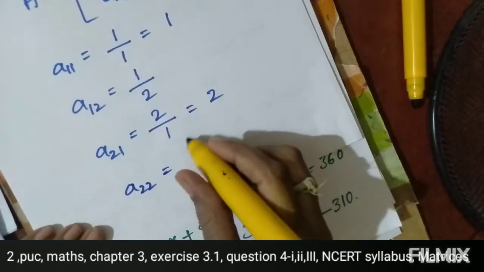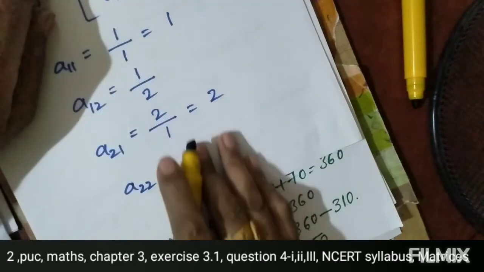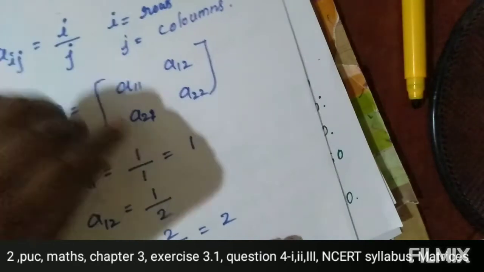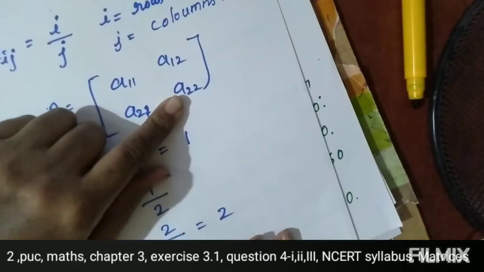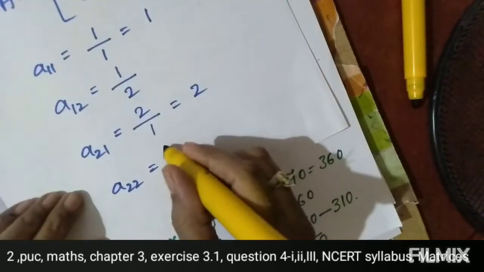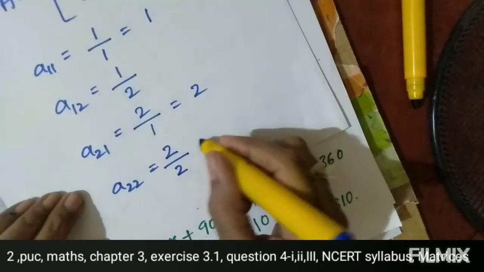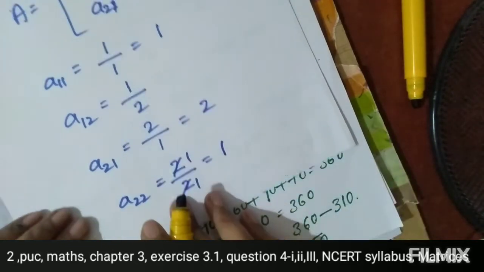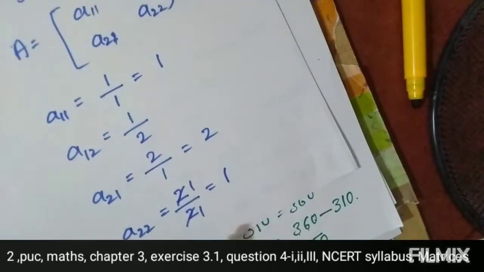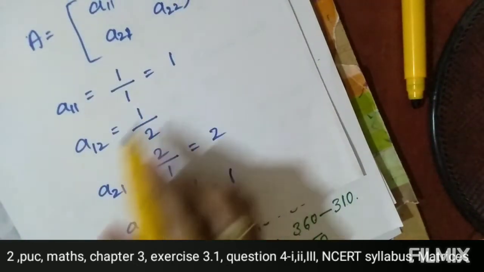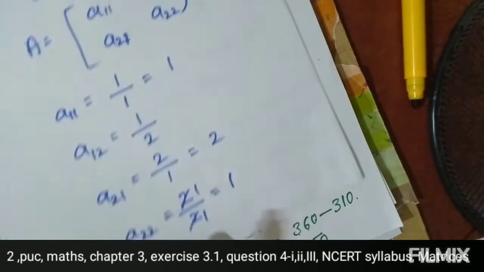A22: i by j means row by column. A22 is second row, second column, then 2 by 2 is 1. Hence the required matrix, we find the values A11, A12, A21, A22.